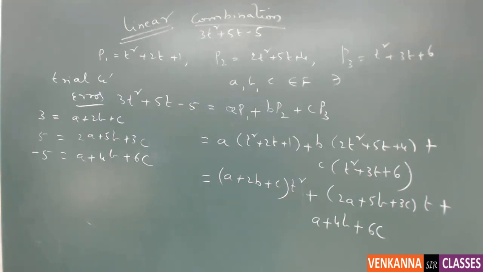So you can take the augmented matrix, apply row operations, and solve it. That is one method. Or simply solve the equations by eliminating the variables one after the other. You can apply any kind of method, but you should get the exact solution, not a solution by means of trial and error, which we won't accept, because you are mentioning a specific linear combination here. So you will get a as 3, b as 1, c as -2.